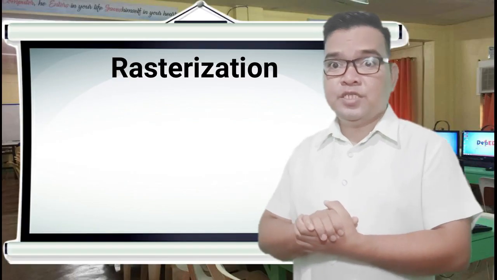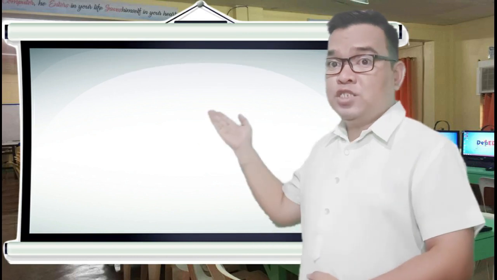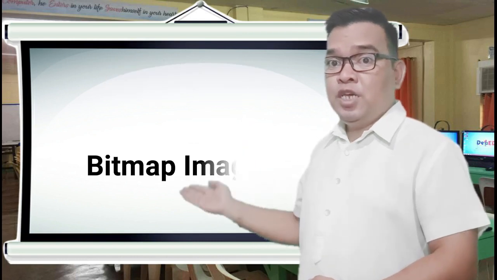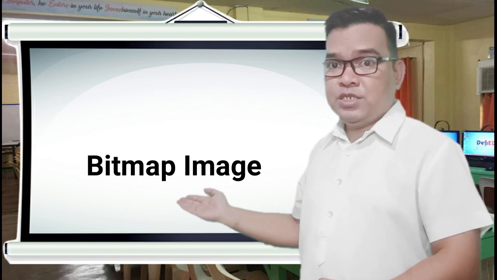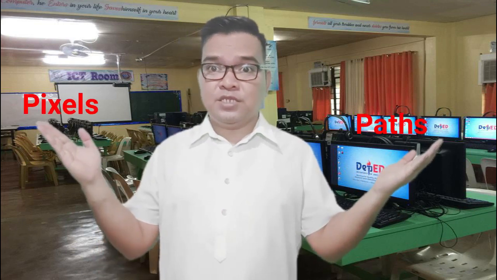Now, let us discuss concepts on rasterizing vector images. Rasterization is the process of changing a vector image into a bitmap image. During rasterization, Illustrator converts graphics paths into pixels.